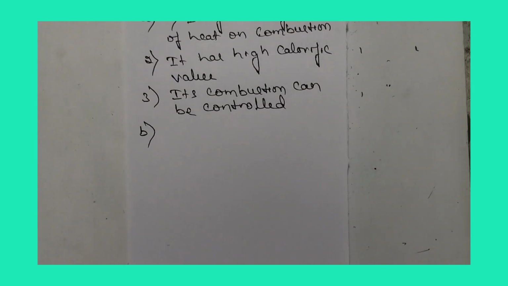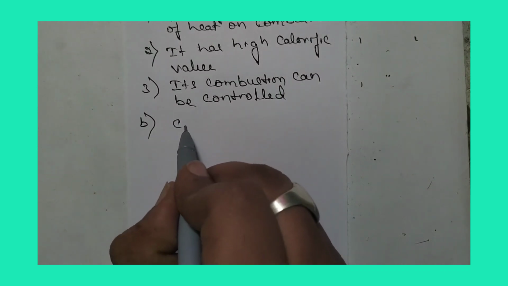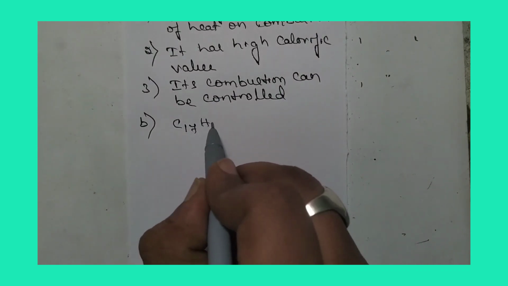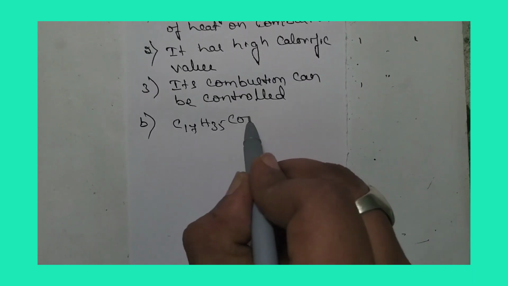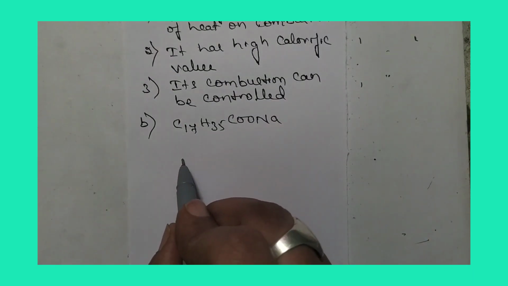Now let us explain the second question, how micelle is formed. We know the soap molecule is C17H35COONa.